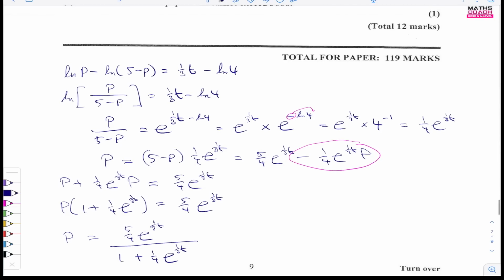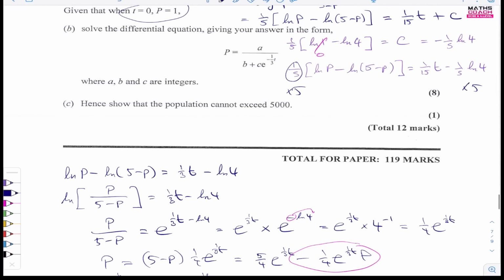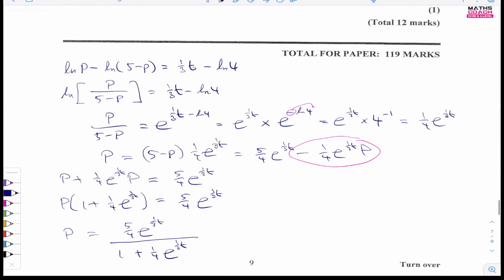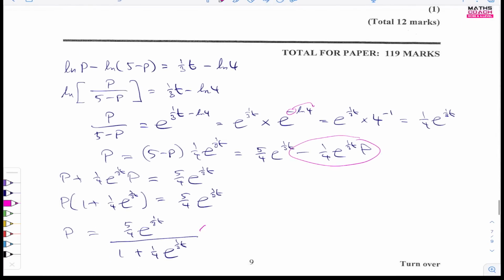Now if you look at the final expression, the e only appears on the denominator and it has a positive power. We can easily make that negative by multiplying the top and bottom by e to the power of negative 1/3 t. So if you simplify that, the top, the e cancels off, so we get 5 over 4 on the top. And we have e to the minus 1/3 t plus 1/4 times e to the 1/3 t times e to the minus 1/3 t.